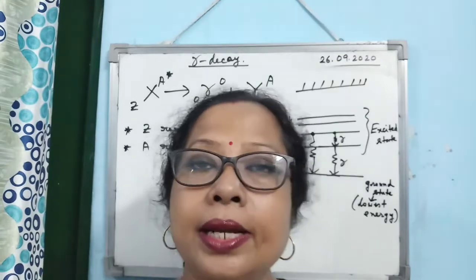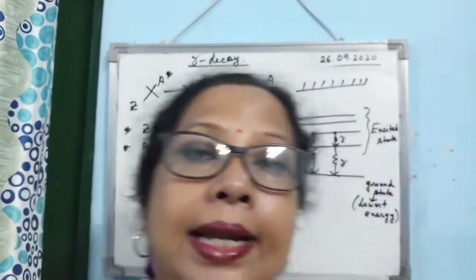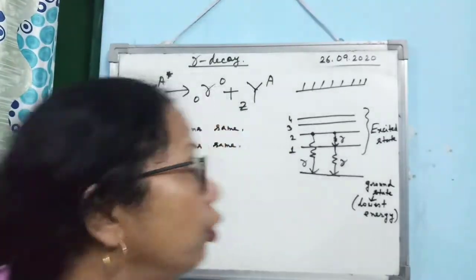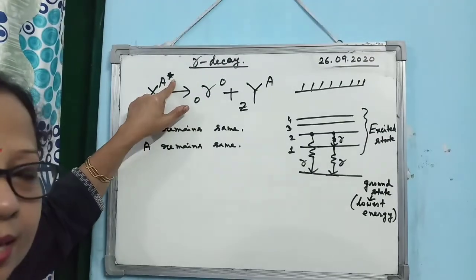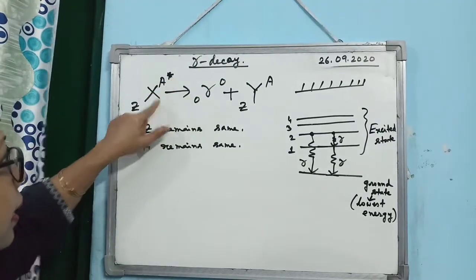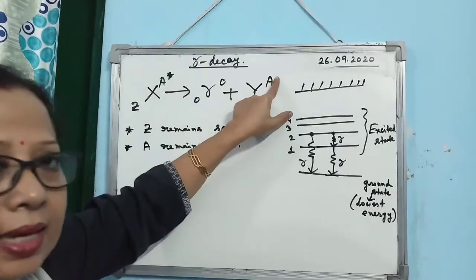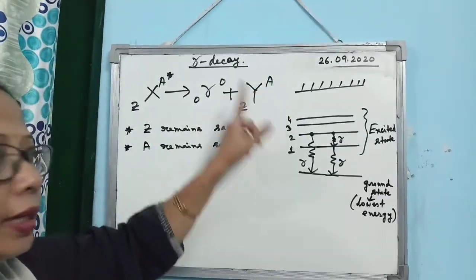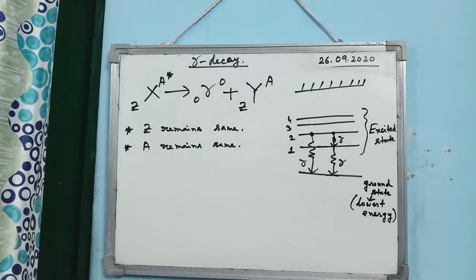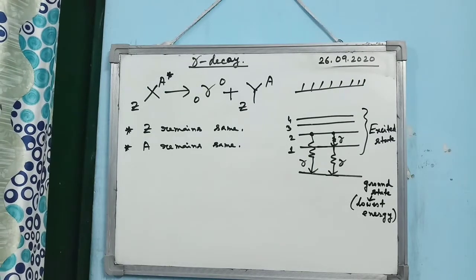And during gamma decay, the easiest one, Z and A remain the same. Don't forget to put the asterisk to represent that the parent nucleus has extra energy. Don't put an asterisk on the daughter nucleus, because it is in the ground state. So that's all about alpha, beta and gamma decay.